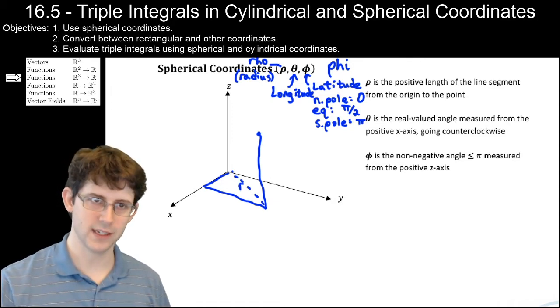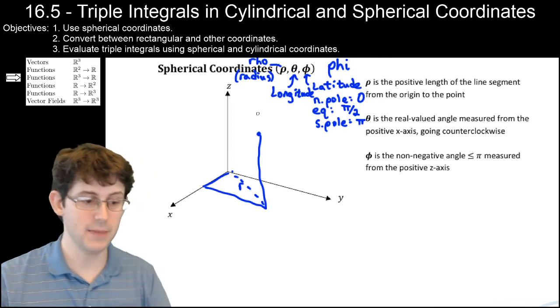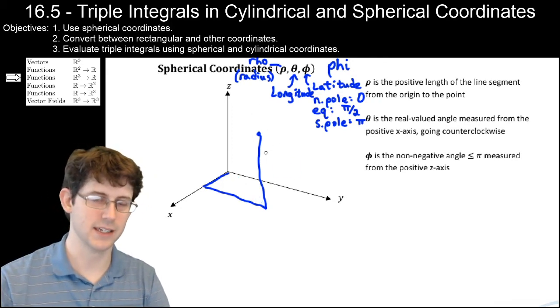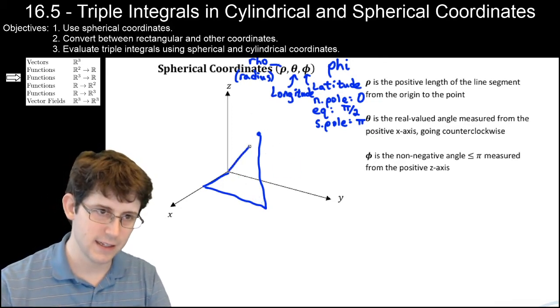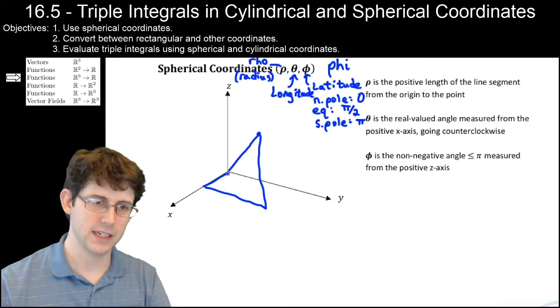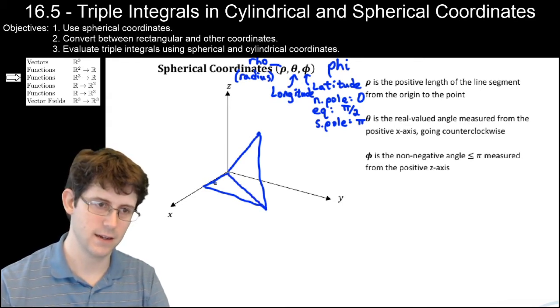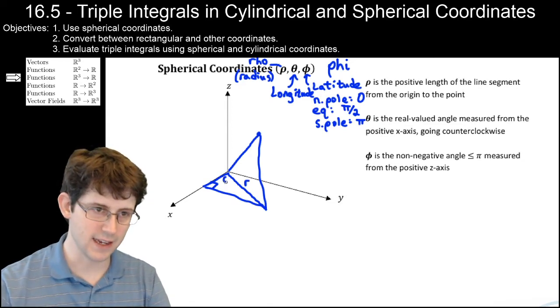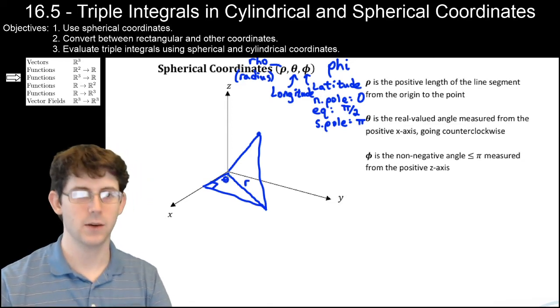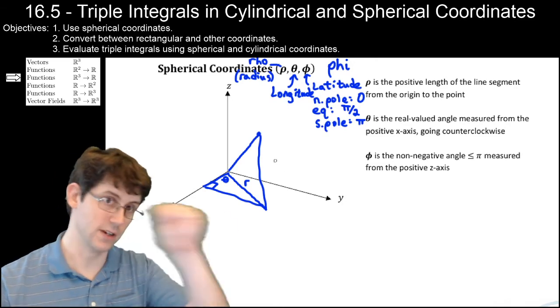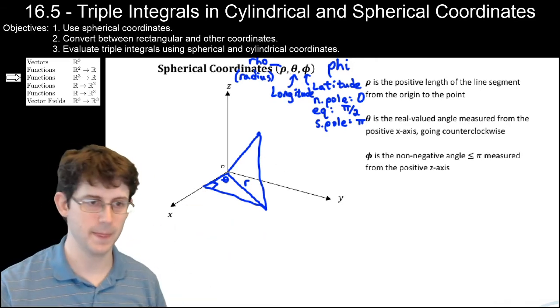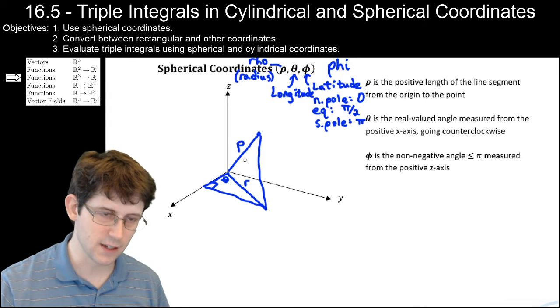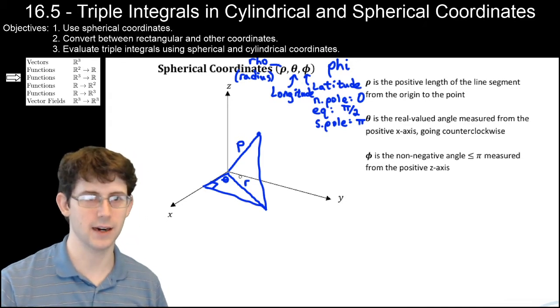So in spherical coordinates, we can't use R again, because what I mean by R in spherical coordinates is this distance. So we say, here's R from polar coordinates. Here's theta from polar coordinates. We'll keep the theta, because that's longitude around the globe. But this distance is called rho, lowercase Greek r.